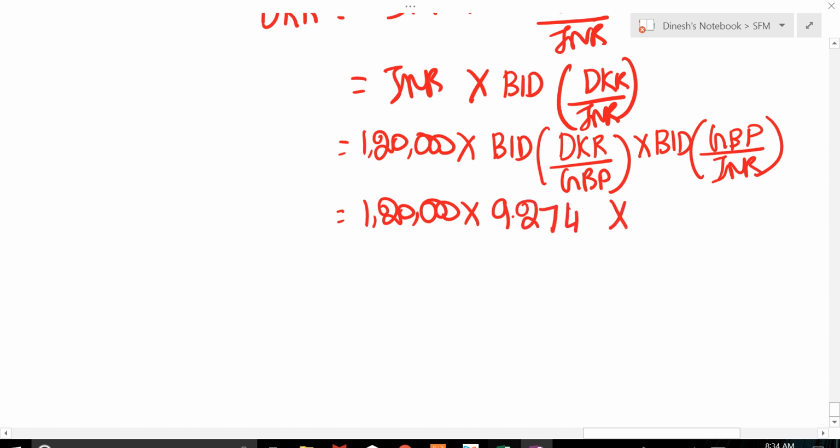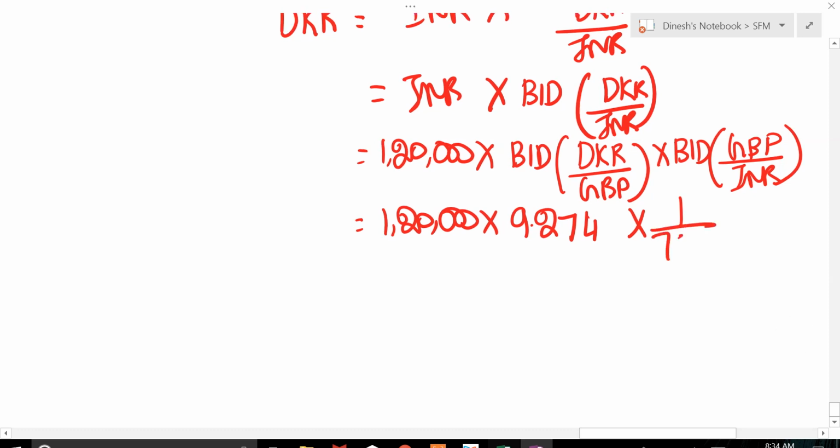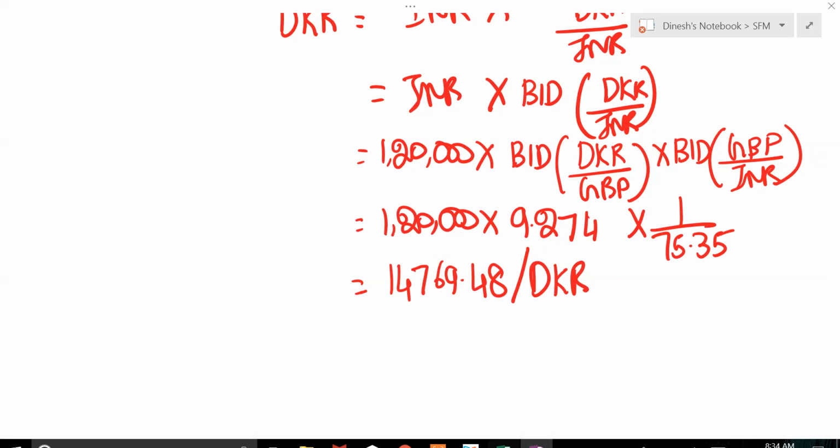GBP per INR? 1 by 75 point. Sorry, not per DKR. That's DKR. That's not per DKR.